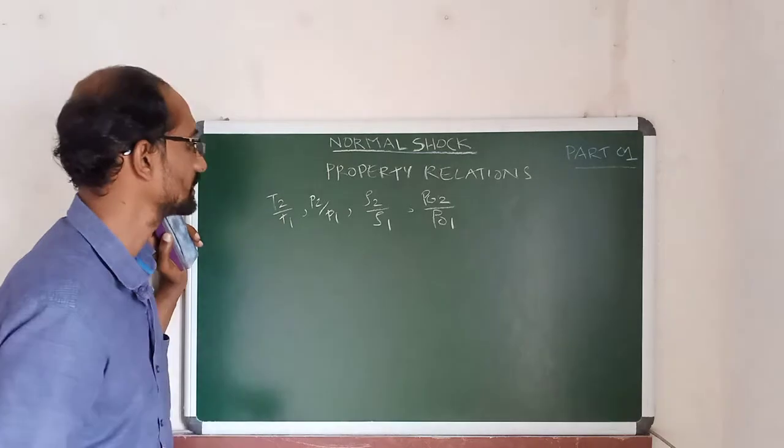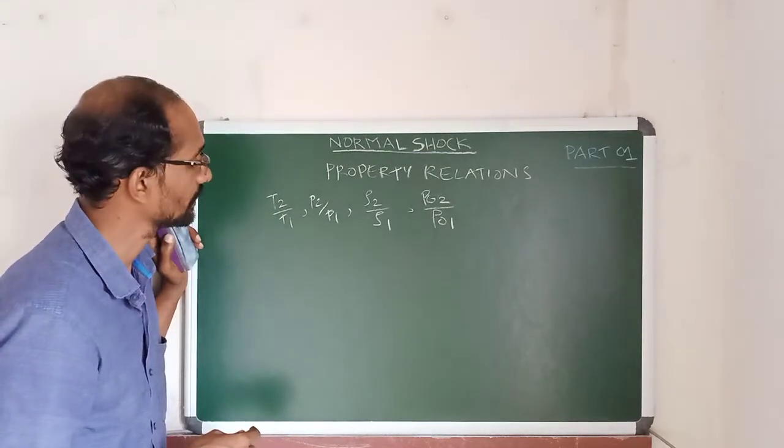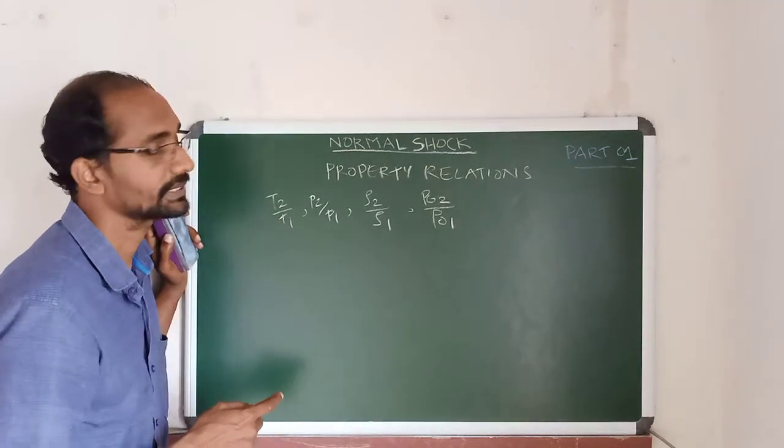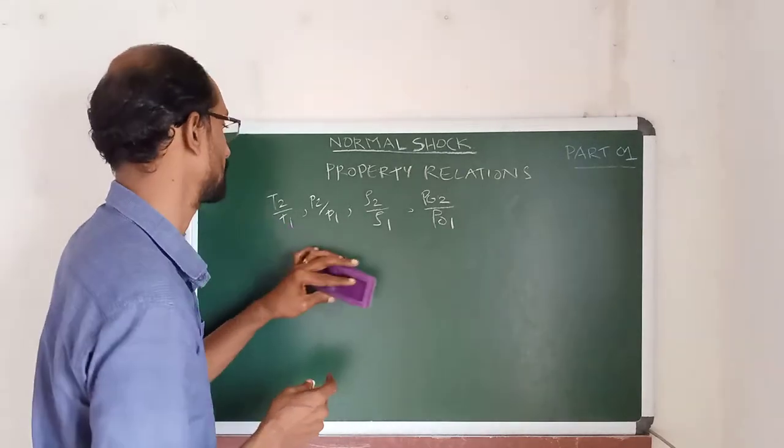Listen here, the subscript 1 represents the upstream quantities and 2 represents the downstream quantities. So we will take them one by one.